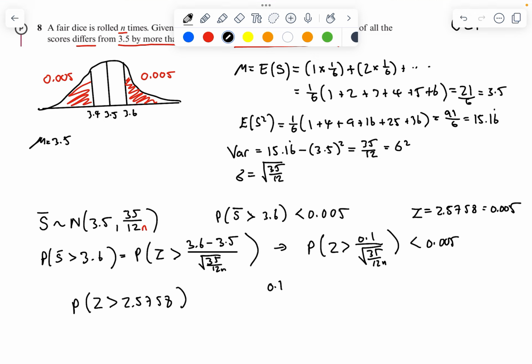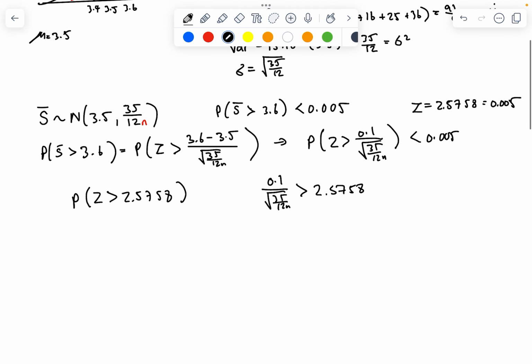So 0.1 over the square root of 35 over 12n has to be greater than my Z value, which is 2.5758. Well, I've got a decimal divided by a fraction effectively. So that's 0.1 over the square root of 35 divided by the square root of 12n.